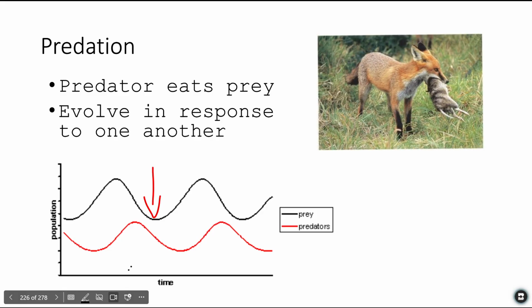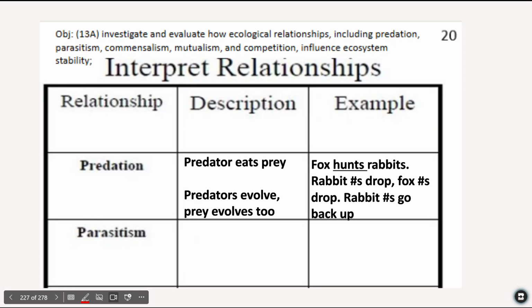Here's our predator. As prey numbers decrease, predator numbers decrease. As predator numbers decrease, prey numbers increase. So they influence each other. So go ahead, pause the video, fill in your page 20.